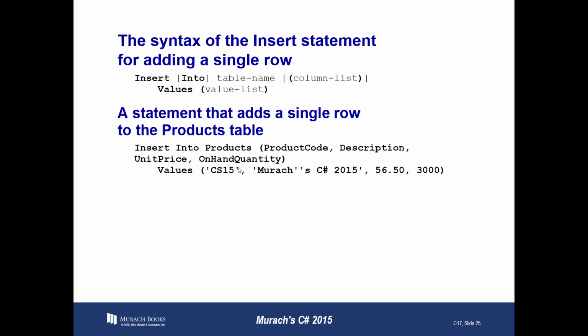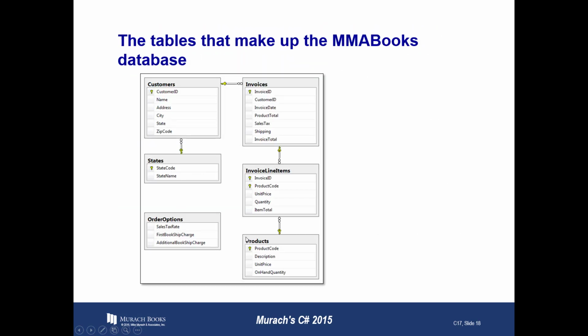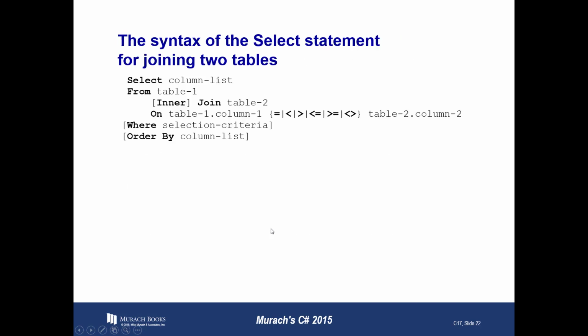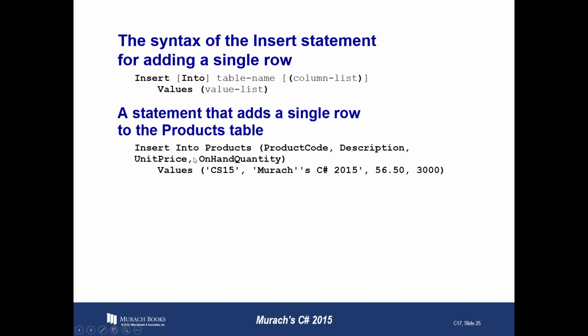Here's an insert statement. What we're doing here is we're telling the system what we want to do is insert into the products table. And let's look at products. There's products. It has 1, 2, 3, 4 fields. A product code, a description, a unit price, and an ordered quantity. And we're saying here the product code will be CS15.